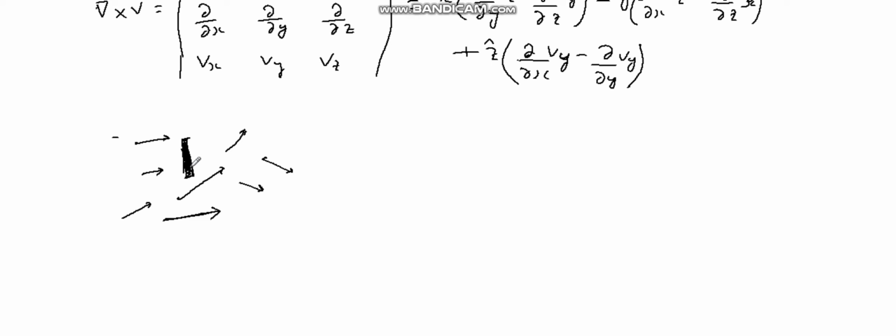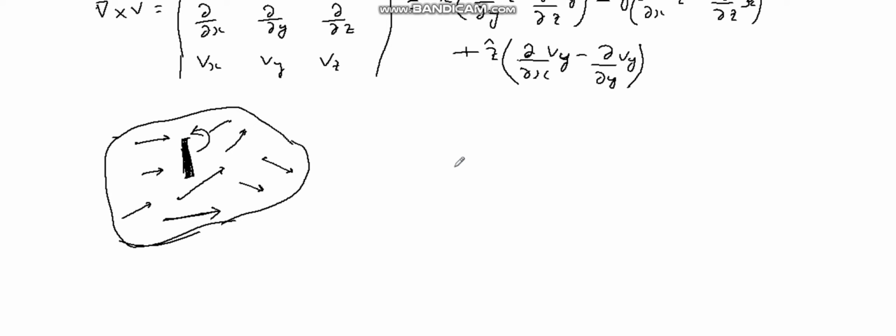The more the stick rotates, the more curl the flowing water has. Okay, so if we have water flowing like this, and we put the wooden stick over here, it is not going to rotate. It always moves in the forward direction. Okay, so in that case we have curl equal to 0.